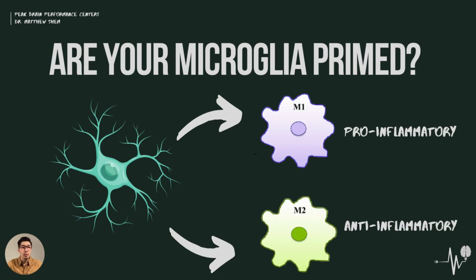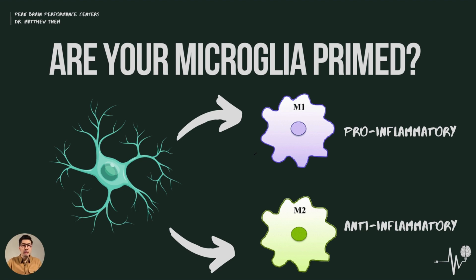So in the next video, we're going to talk about what happens when these microglia become primed and how this can be really, really dangerous, in the fact that if you see on the left, that's one of those microglial cells. And like we talked about before, it has all these little legs on it, which allows it to be mobile and go around your brain and look for this debris.